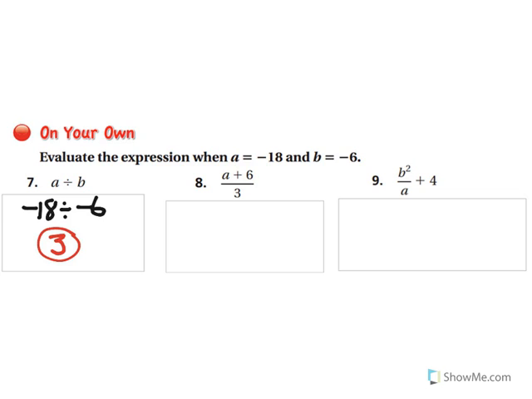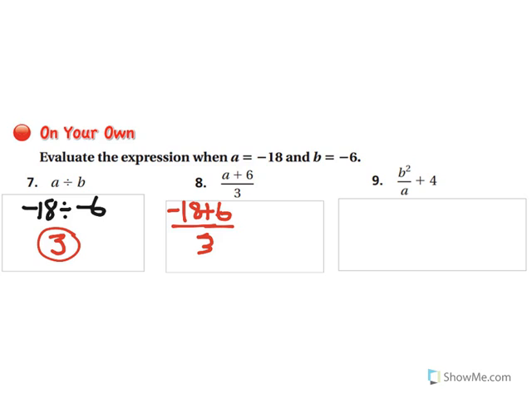Let's go ahead and try our next one. We have A plus 6, so A is -18 plus 6, and then divided by 3. What you have to do is complete what's on top of the numerator first, whatever's on top of the fraction first.